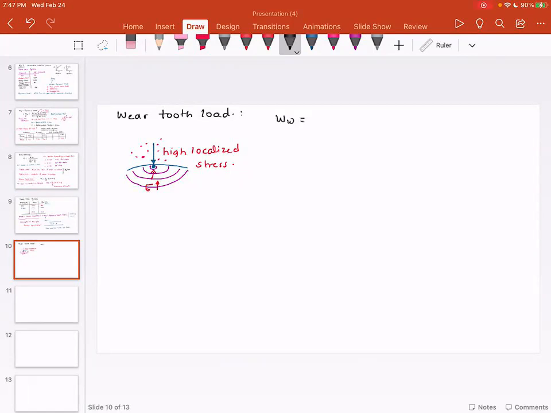This WW is nothing but the maximum wear load, or the load that the gear can sustain without premature wear.